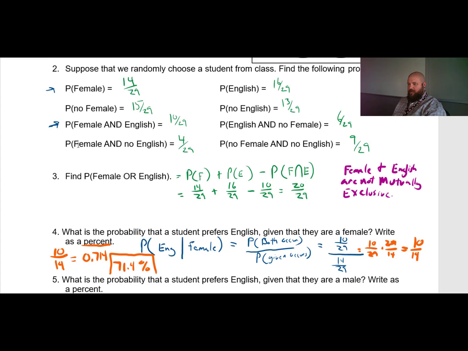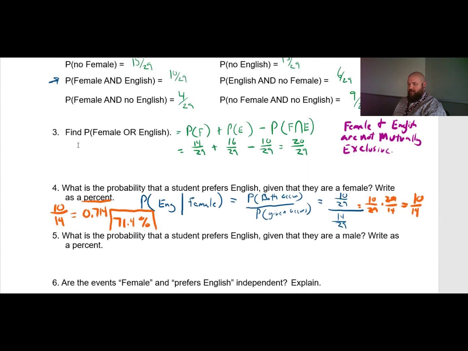All right, so now let's go to number 5. It says, what is the probability that a student prefers English given that they are male? So again, we're preferring that English, so prefer English given they are male. So again, both occur divided by the probability of the given.